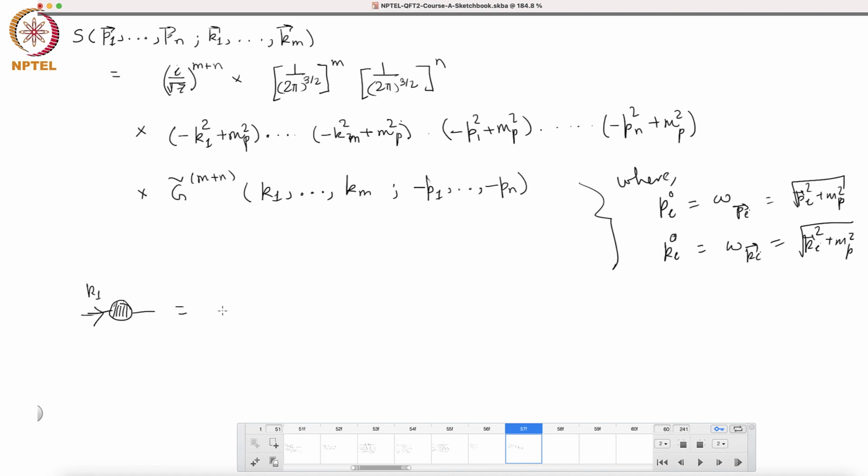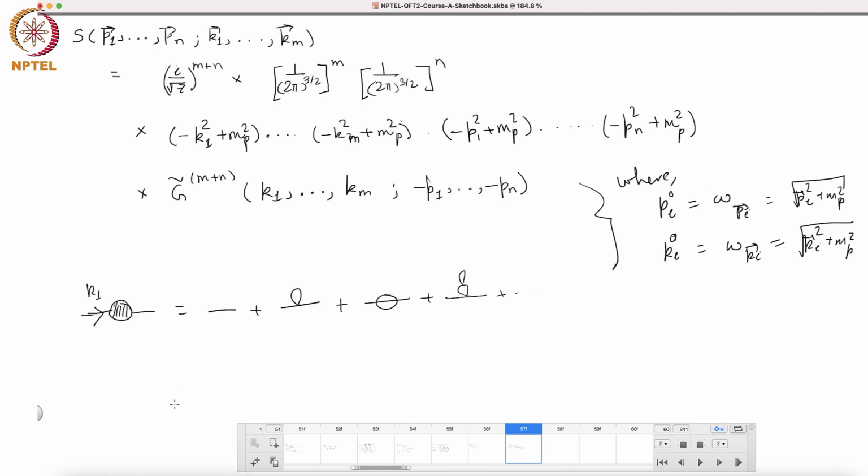Let me draw a few. So for example, this is this plus this. I'm just drawing in phi-4 theory, this and many other diagrams, infinite of them. These are all diagrams which have only 2 external points.